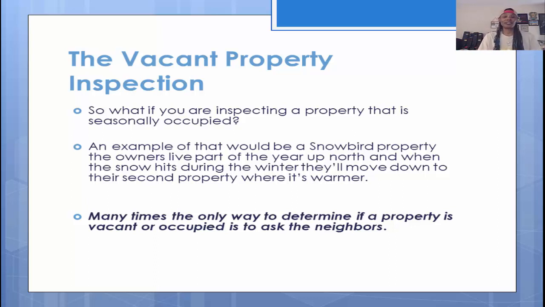Now that is a seasonal property. They may have furniture there and everything like that, but that does not mean that property is vacant. So before you determine any property to be vacant, you always want to try to consult with a neighbor, just to back up your assumptions, because you want to provide as much evidence as possible to call that property vacant.